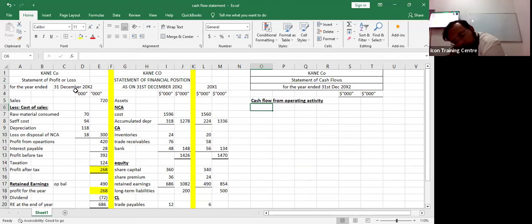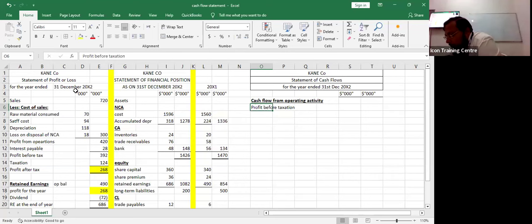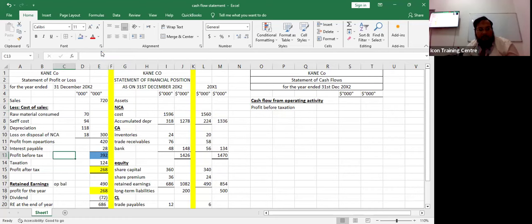So always remember, we always start from profit before taxation. So where is profit before taxation? Here. It is here, right?